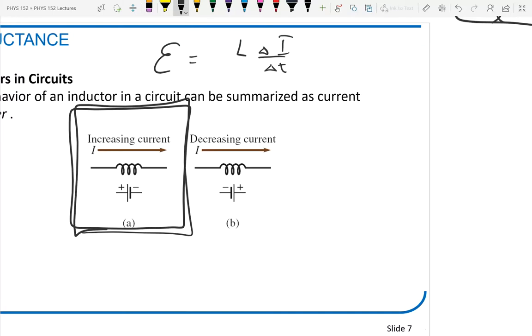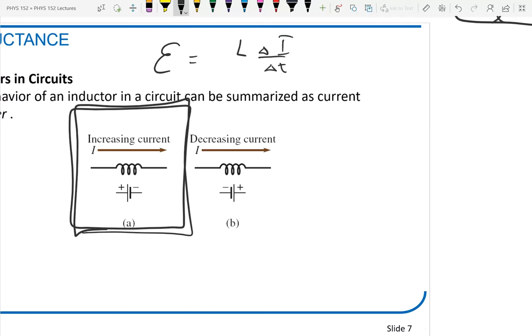You have energy lost as the current goes through. And if you have increasing current, it's going to be the same thing. Energy lost as the current goes through. Why would energy be lost as it's going through if the current's increasing? It's really easy to answer. If the current's increasing, what is happening inside of a coil? Current in a coil makes what? Well, we're assuming that there's no energy loss to heat.